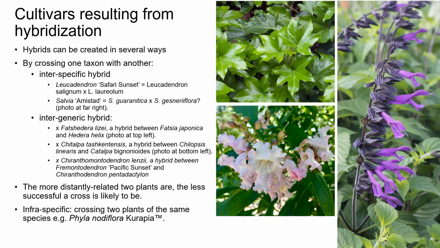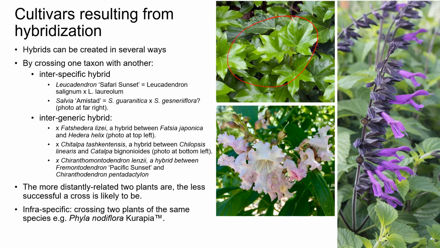An intergeneric hybrid can be created by crossing plants in 2 different genera with each other. For example, ×Fatshedera lizei here, is a hybrid between Fatsia japonica and Hedera helix.